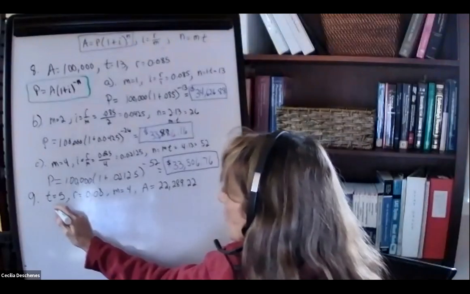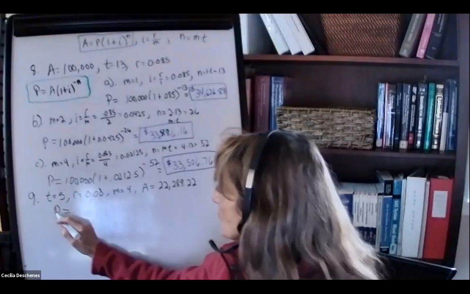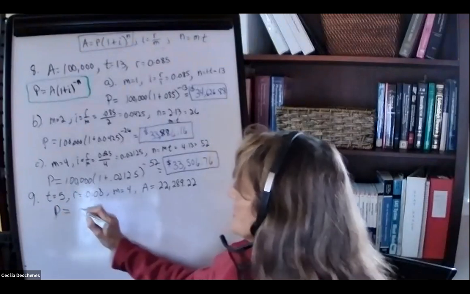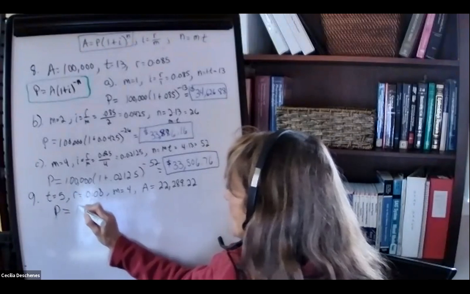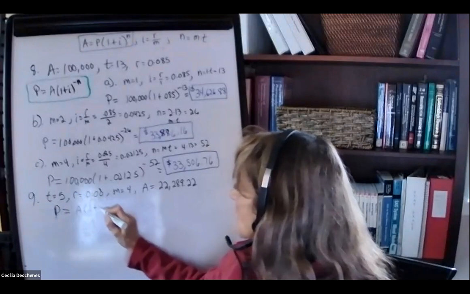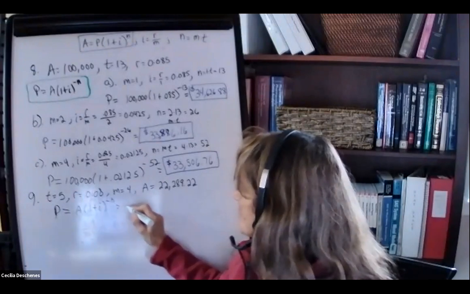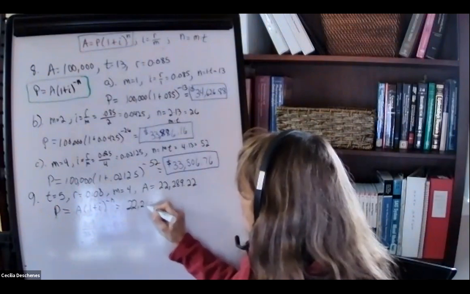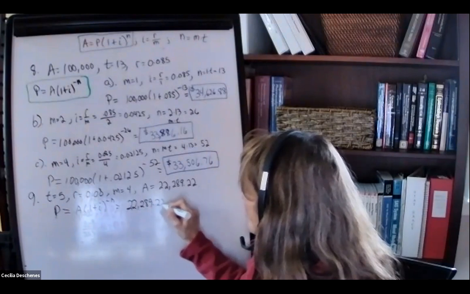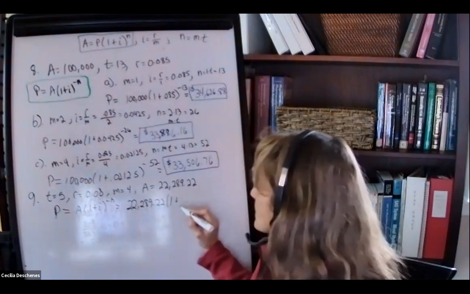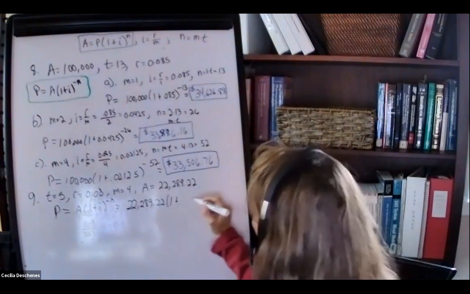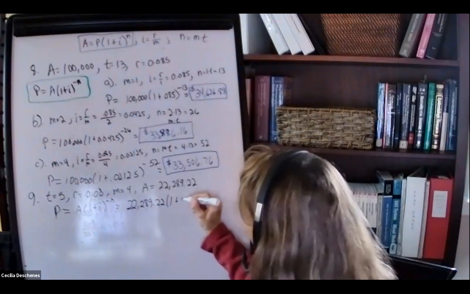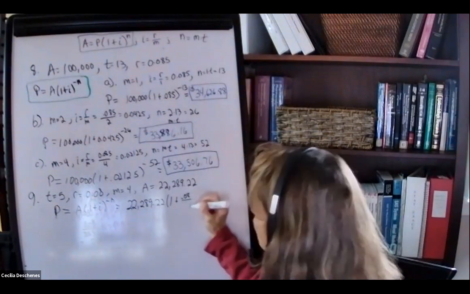All right, so let's plug that in. So our principal that was invested originally is just this amount times 1 plus I to the negative n. So it's going to be 22,289.22 times 1 plus, we need to do the I. So that's the 0.08 divided by the 4.